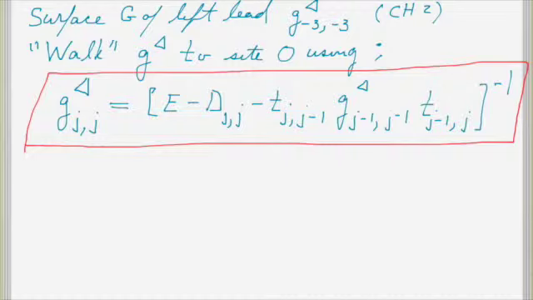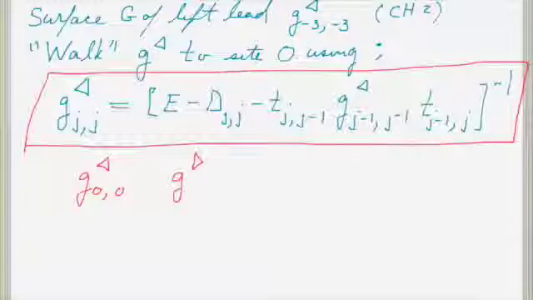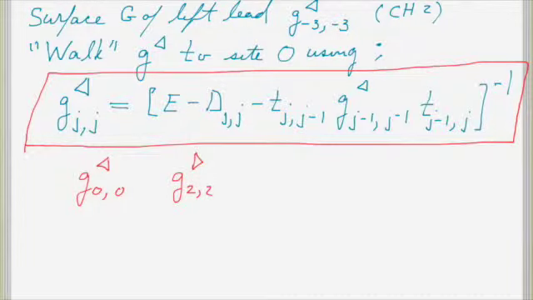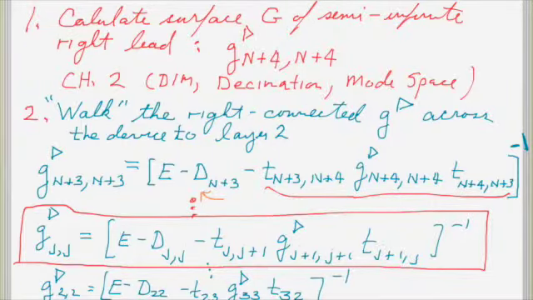And so we started at -3, -3, we move it up, so now we have G left connected at 0, 0. We have G right connected at 2, 2, right? Because we walk the right connected one across the entire device down there at the bottom.